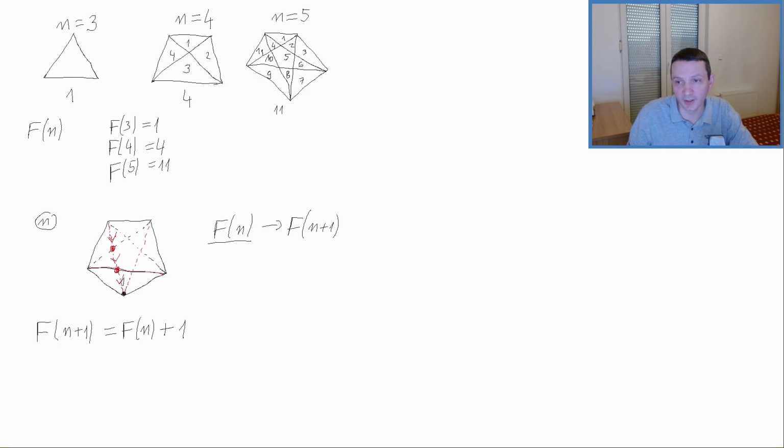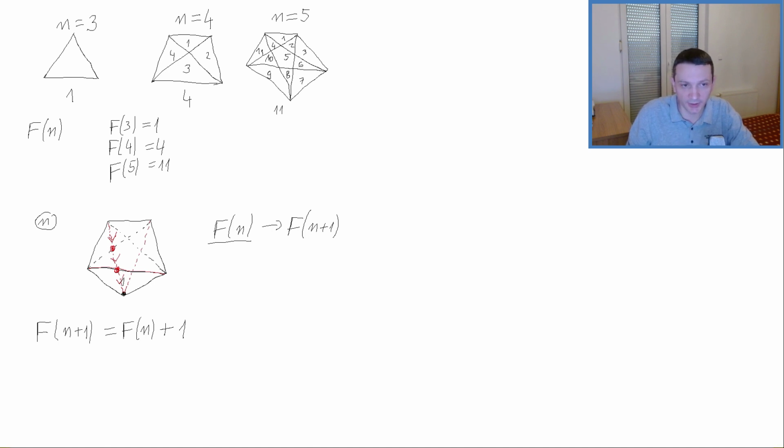So each intersection of the new diagonal with the previous diagonals brings new areas, and that number of new areas is the number of intersection points plus 1.